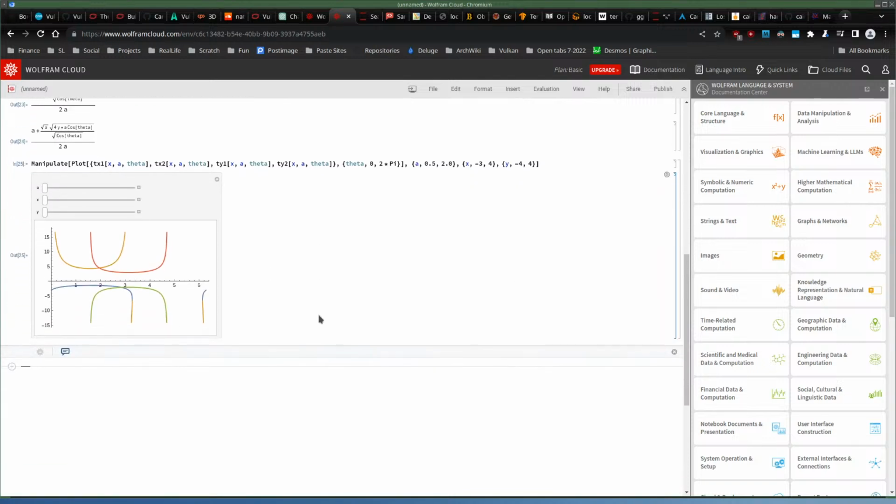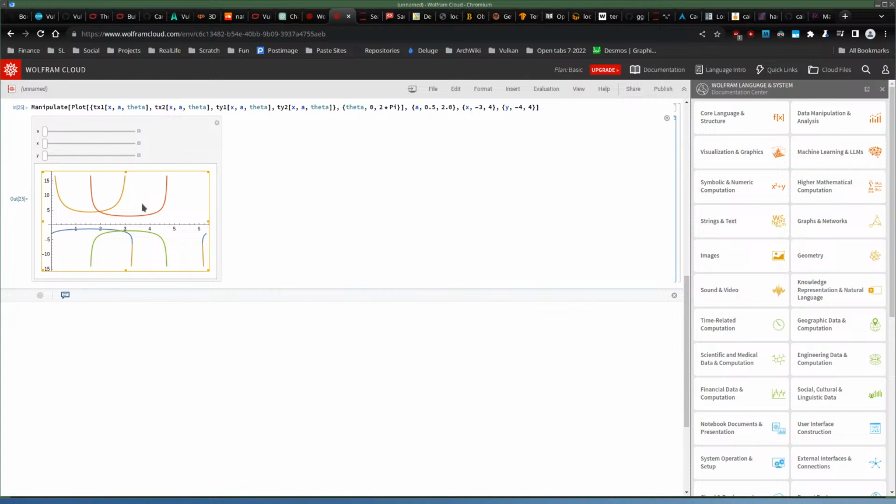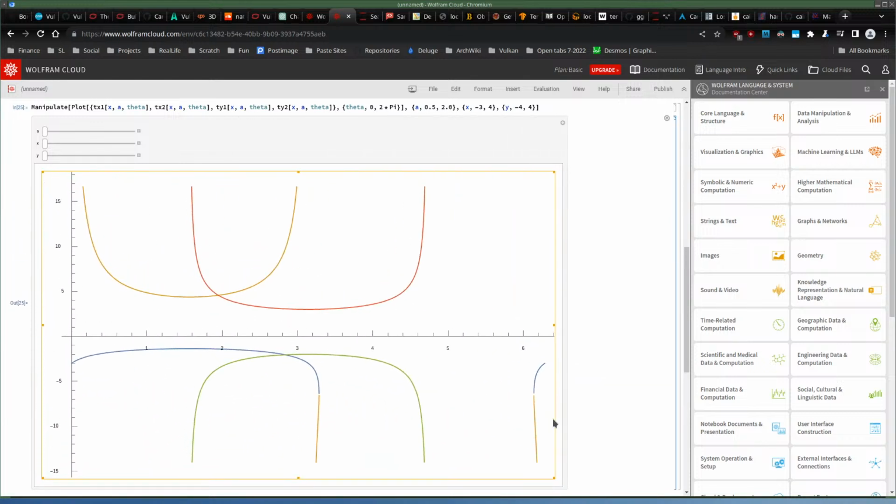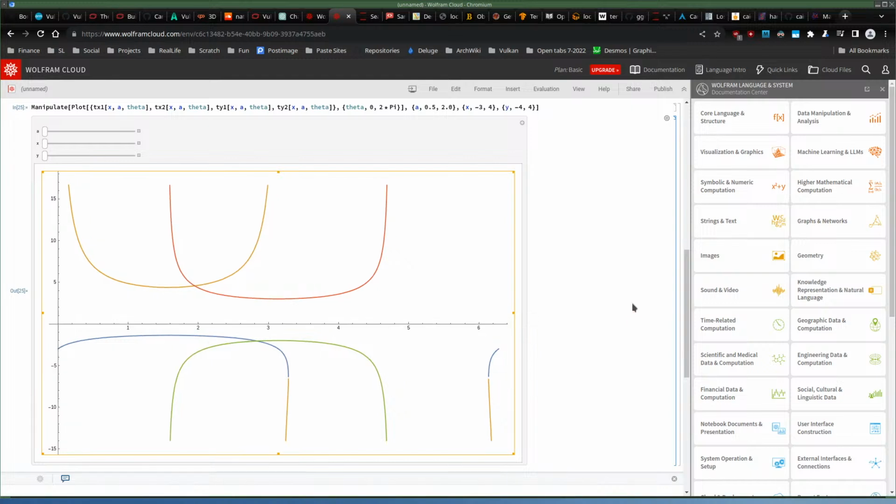Now, isn't it amazing? You can click on it and then drag this. And of course, a solution means that both X and Y have the same t-value, and it must be a negative t-value.